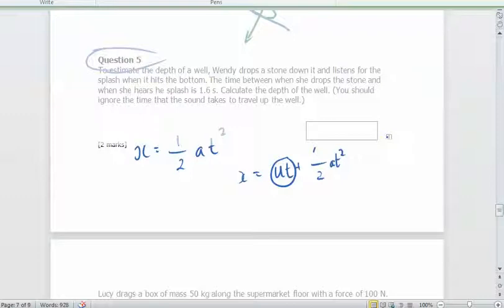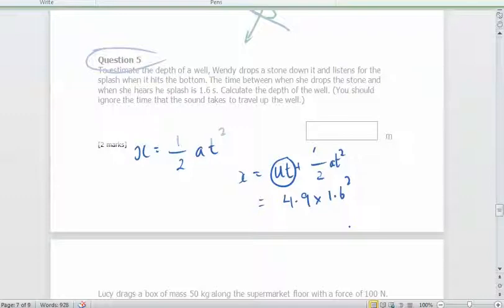So a half at squared is half times 9.8, 4.9, times 1.6 squared. 1.6 times 1.6.